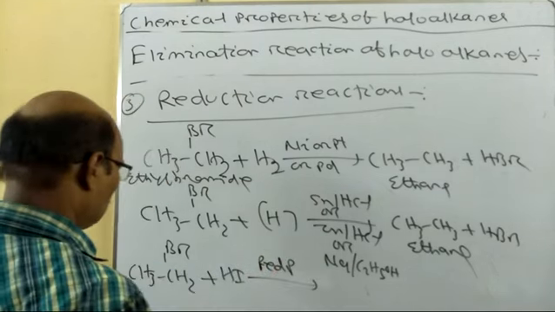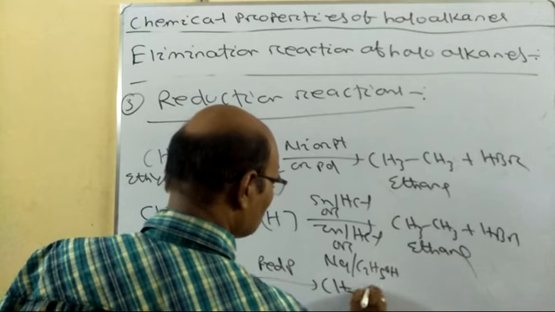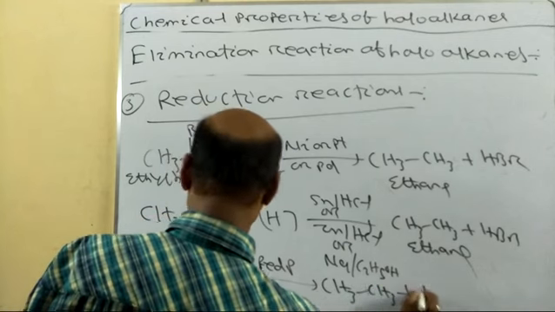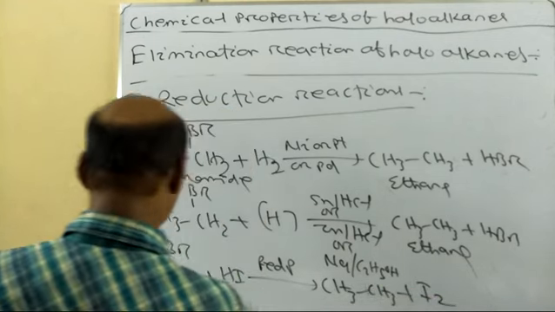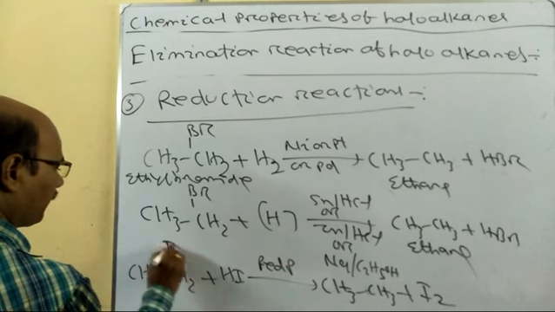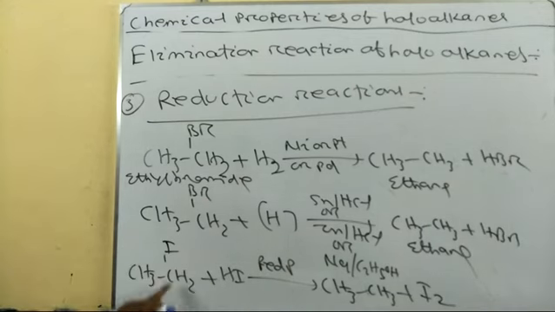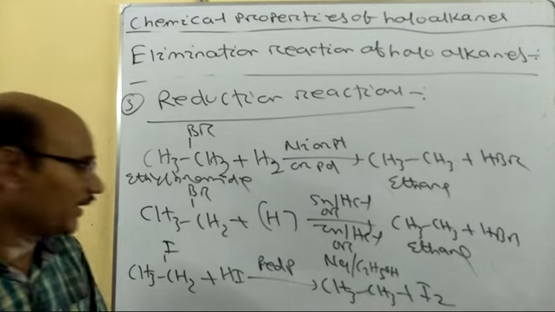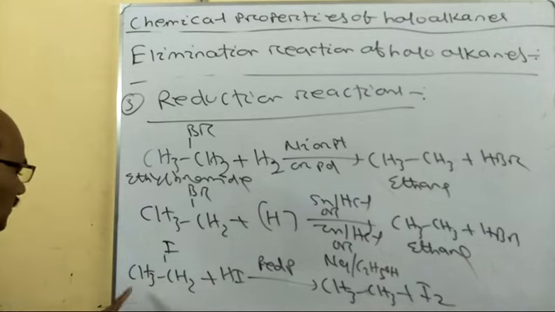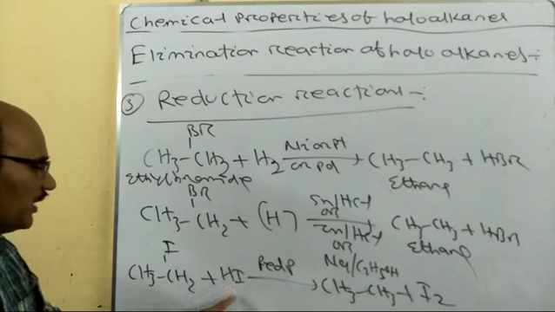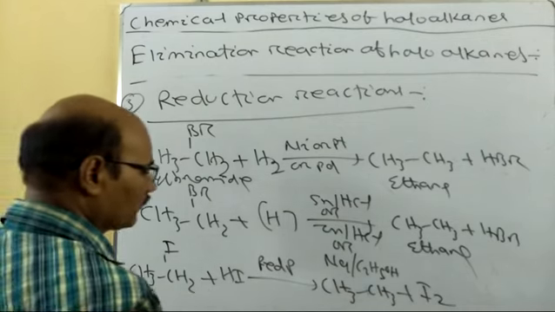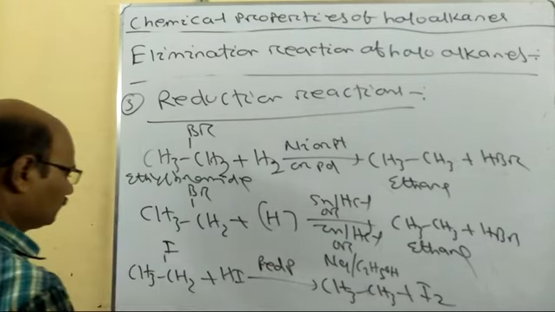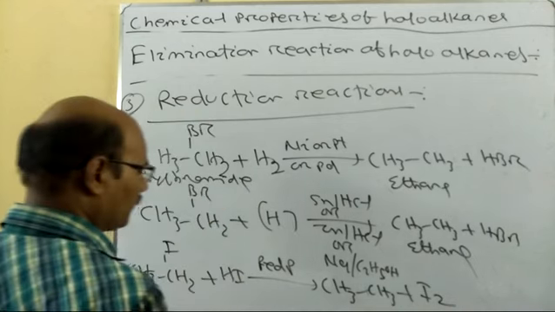You get CH3CH2I. Also, we can get the alkanes from haloalkanes: CH3CH2I plus HI with red P gives CH3CH3 plus I2.